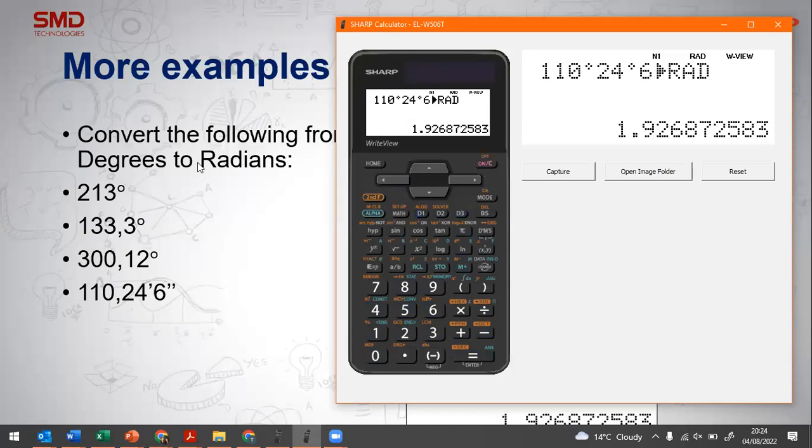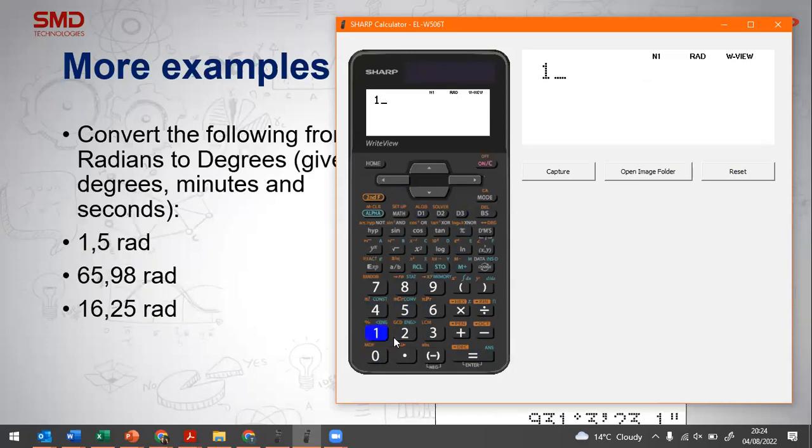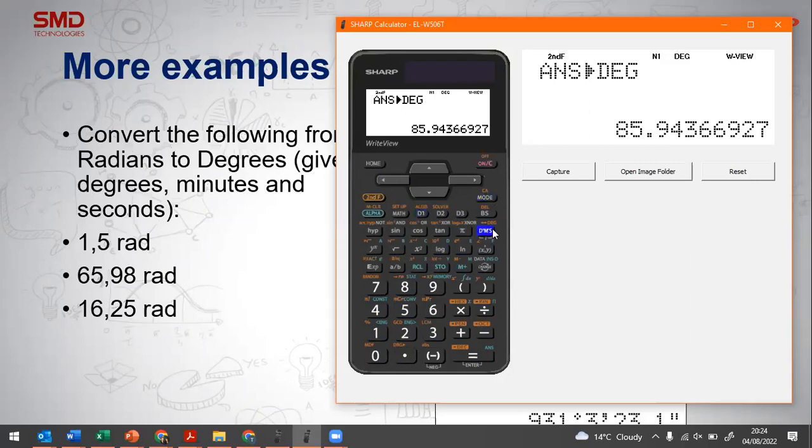If we wanted to do radians, let's say we have 1.5 radians, and we convert it back to degrees, minutes, and seconds, again D1 twice, and then we say second function and our DMS button, and it will give us the degrees, minutes, and seconds as well. So it's a very nice function to have with your calculator.